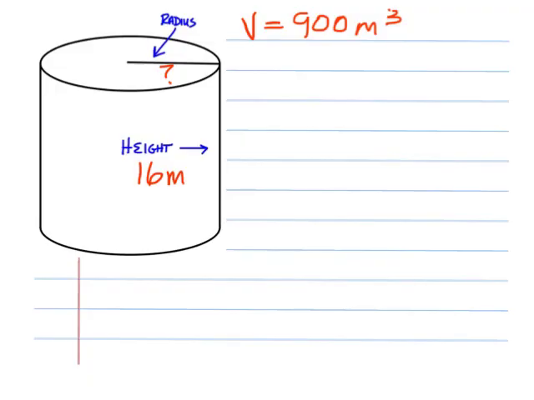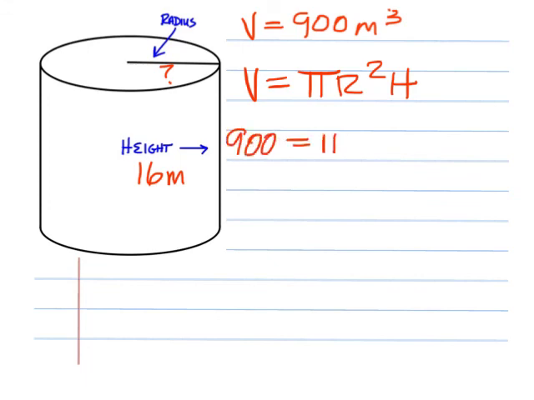Example number 5. You're given the volume, you're given the height, but you don't know the radius. So you must start with the formula, V equals pi r squared h, and plug in everything you know. 900 is V, and we don't know r, so we just write r squared.